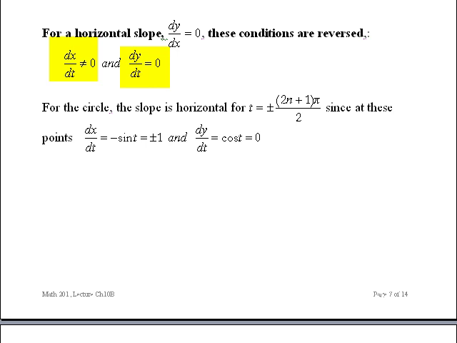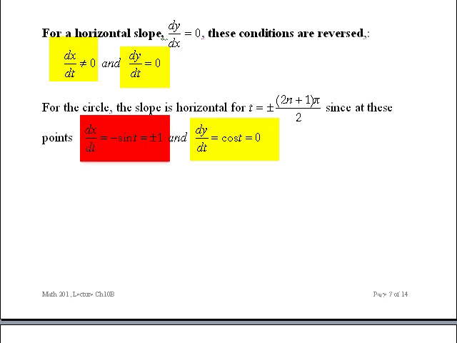So let's go back to the circle again, and we want values of t at which the numerator, which would have been the cosine of t, was 0. And that would be, of course, (2n plus 1) pi over 2 that will give us values at which dy by dt is equal to 0. At these same values, dx by dt is not equal to 0. It's at 1. That satisfies the criteria, and that's what you would expect from a circle.